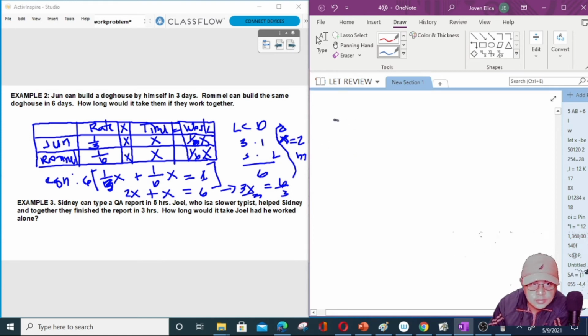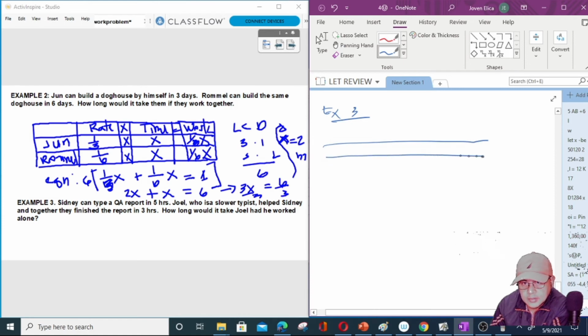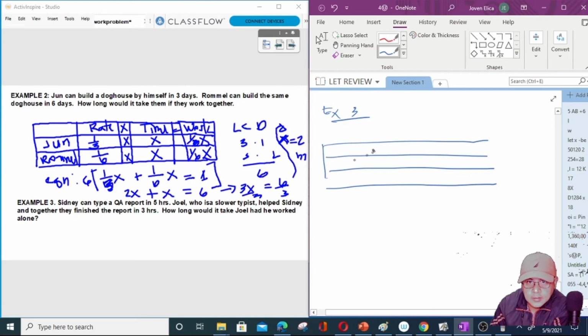So, example number 3. Let us make a table again to more easily analyze the problem. So, this is work, and again, this is the rate multiplied by the time to finish the job and is equal to work done.